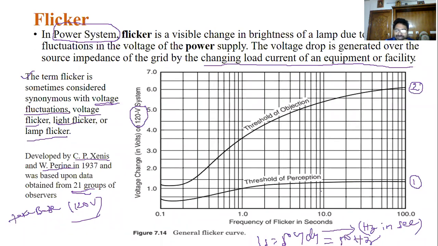Now see this, there are some visibilities, some allowed levels of flicker. You know that in our houses we can observe these flickers many times, especially in rainy or summer seasons.